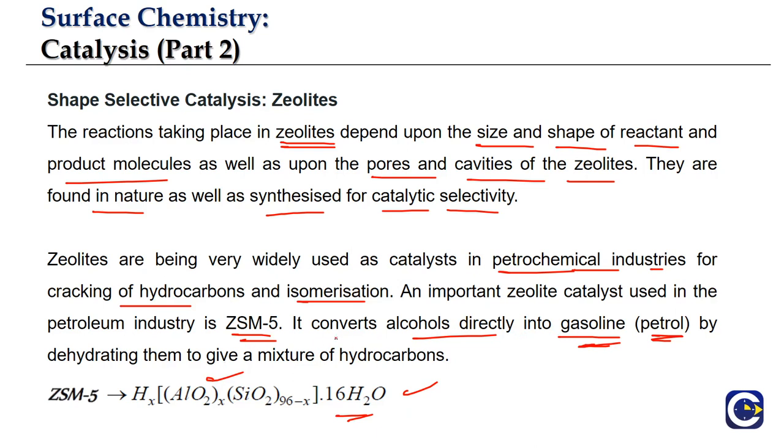Dehydrating alcohols means they will be losing the water molecules, and that is going to give a mixture of hydrocarbons. A mixture of smaller size hydrocarbons will come as a result of it. So that is the catalytic activity of ZSM5. The whole activity of zeolites will depend upon the matching of the size and shape of the reactant molecules with the pore structure and pore shape of the zeolite cavities.